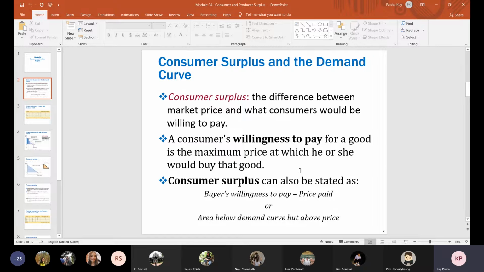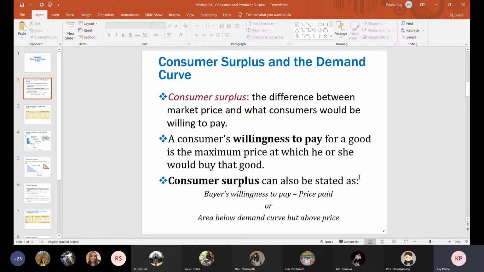A consumer's willingness to pay for a good is the maximum price at which he or she would buy that good. I think you already learned this.